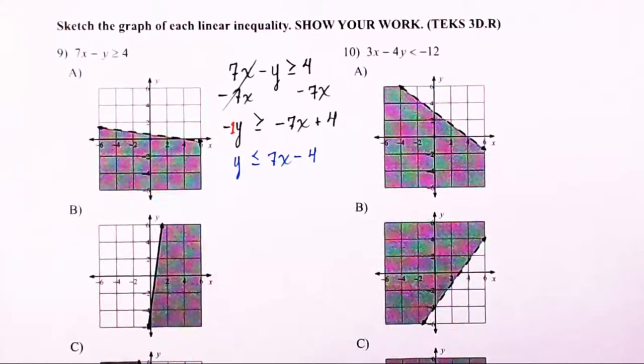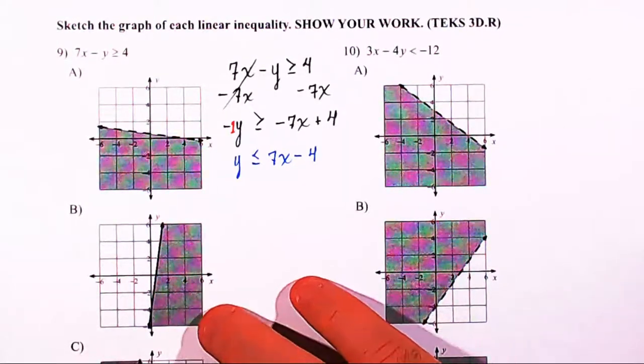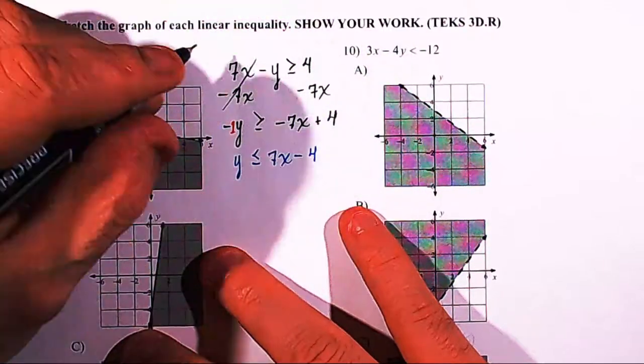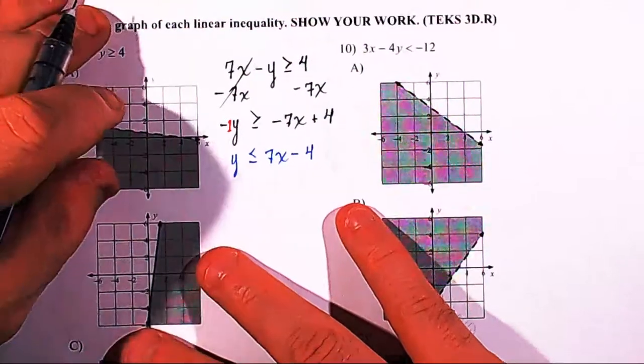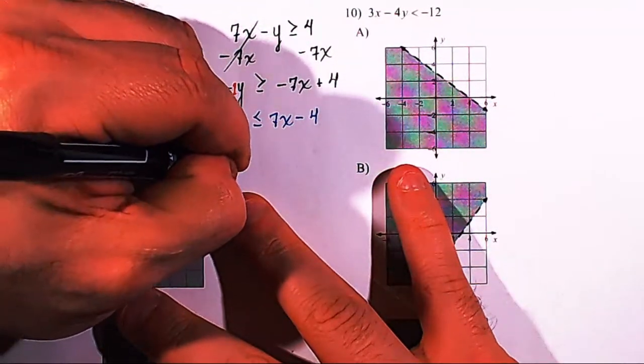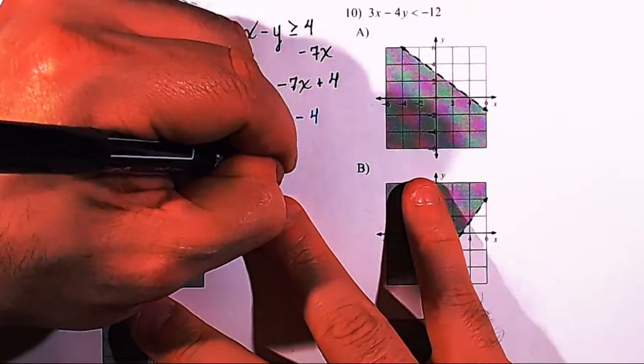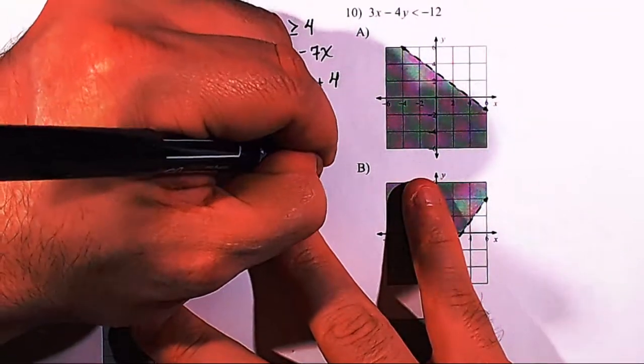If you can just visually see that, then you can do that. In some cases you need to do it the harder way. So let me just leave that there for those students who get this, and let's go back to what we had, negative y greater than or equal to minus 7x plus 4.